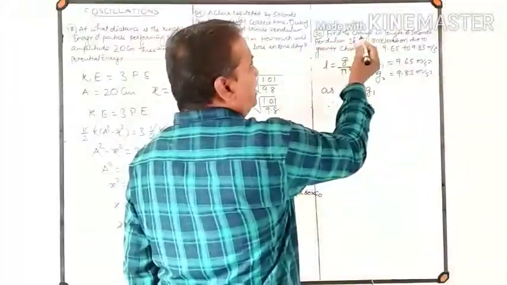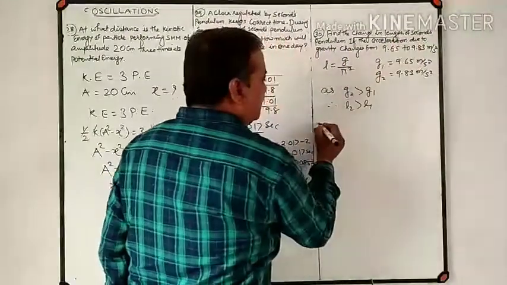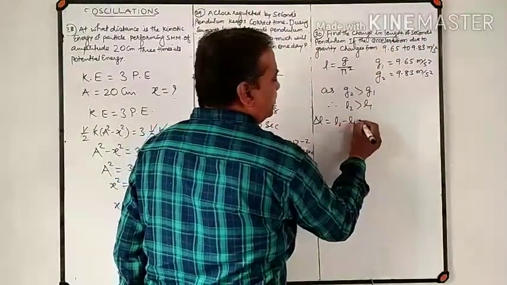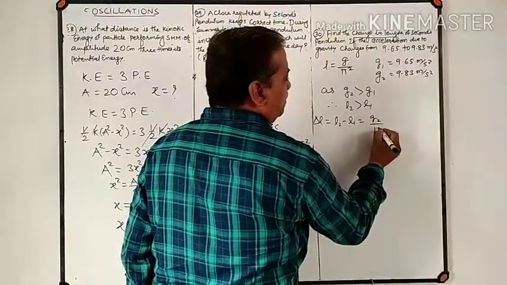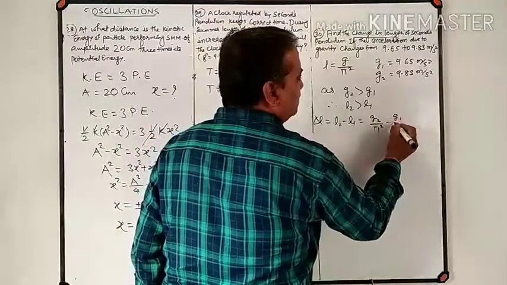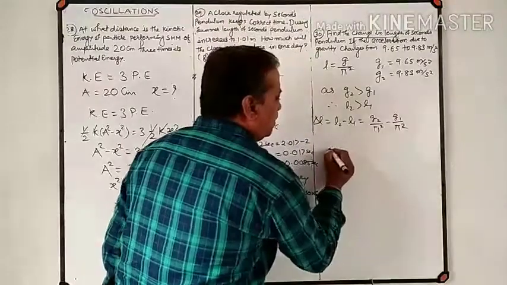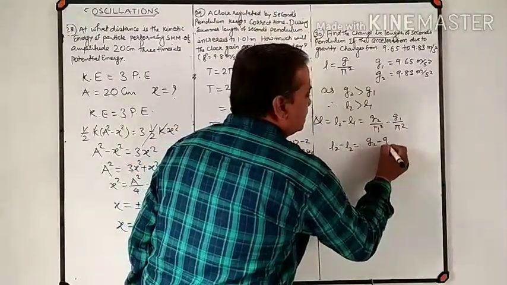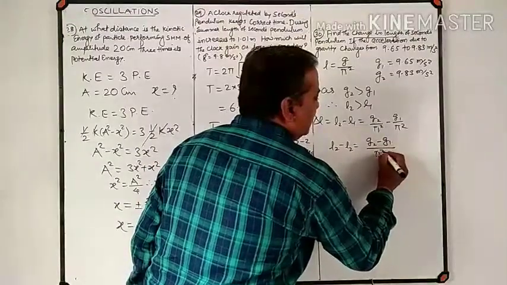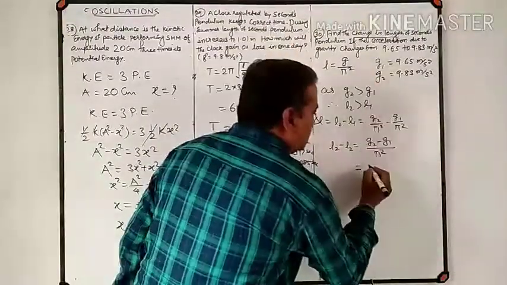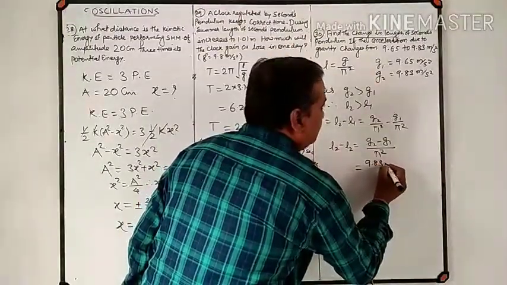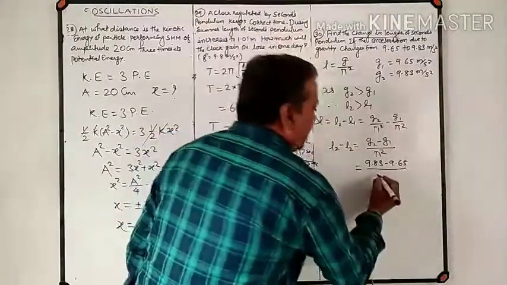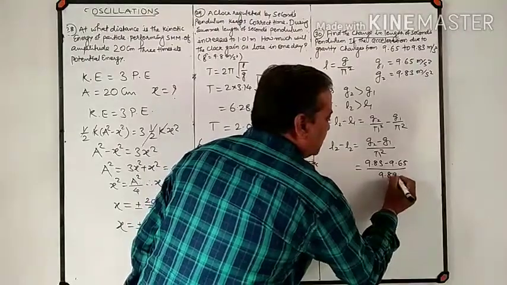We have to find the change in length, delta L, which is L2 minus L1, equal to g2 upon pi square minus g1 upon pi square, or g2 minus g1 divided by pi square. That is 9.83 minus 9.65 divided by pi square, which is 9.89.